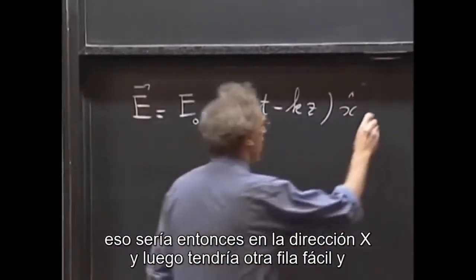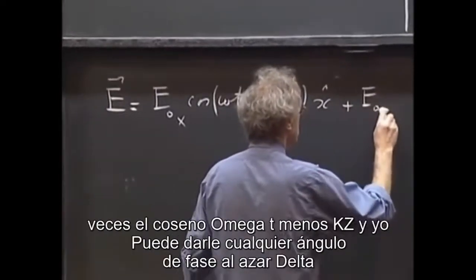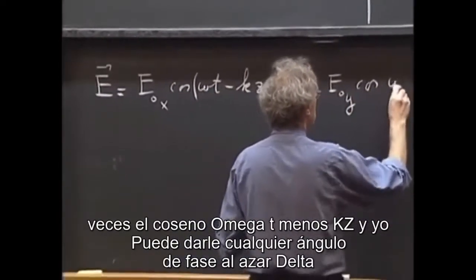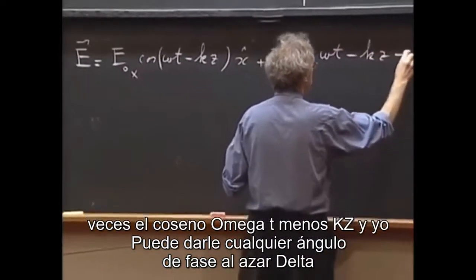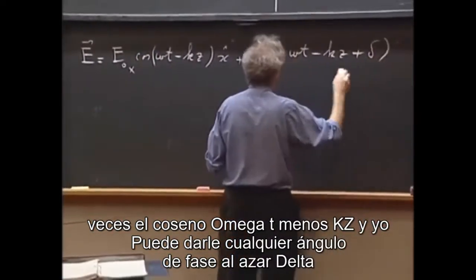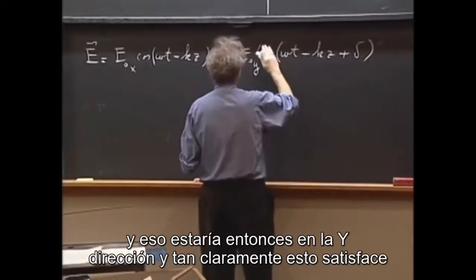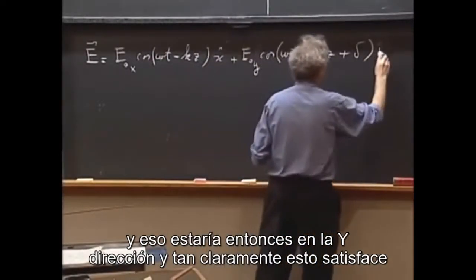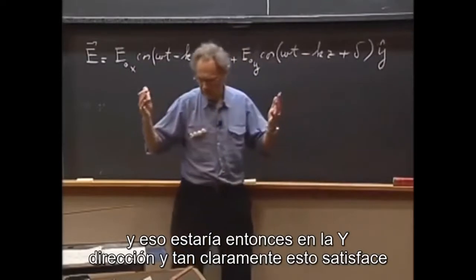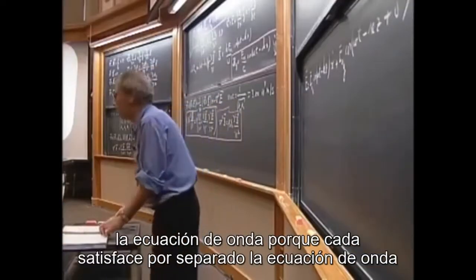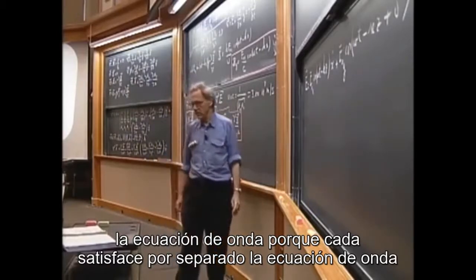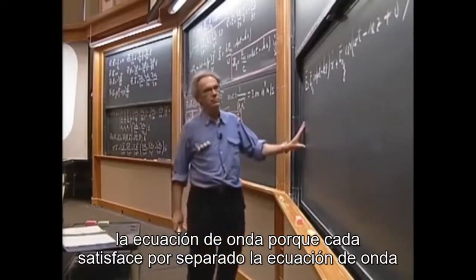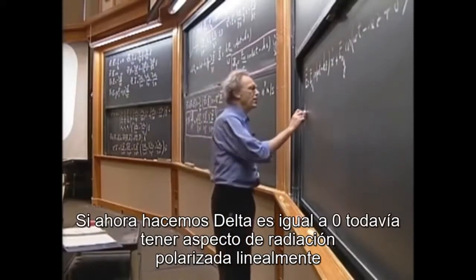That would then be in the x direction. And then I would have another E0y times the cosine of omega t minus kz plus delta. I can give it any random phase angle delta. And that would then be in the y direction. And so clearly, this satisfies the wave equation, because each separately satisfies the wave equation.